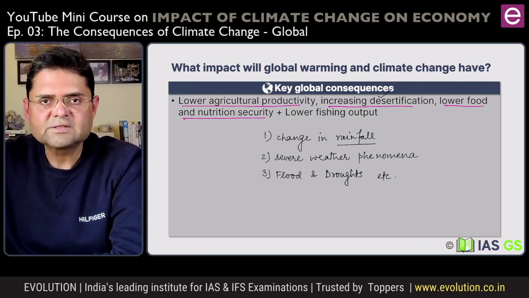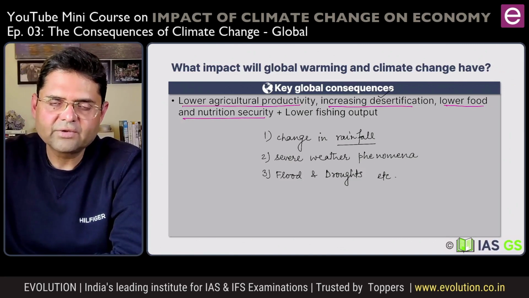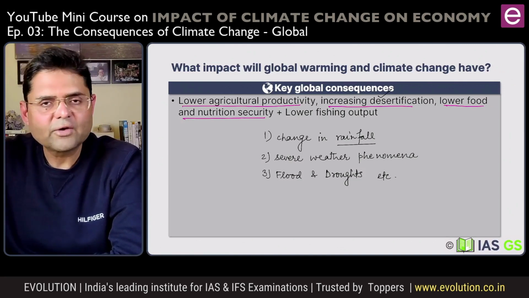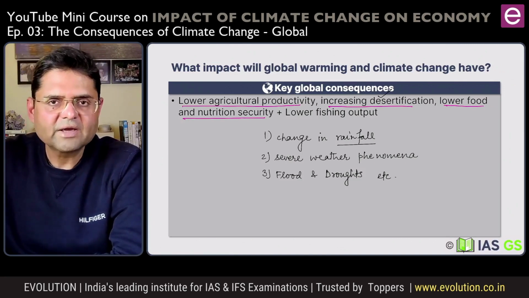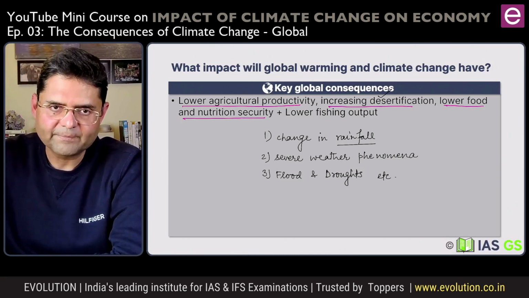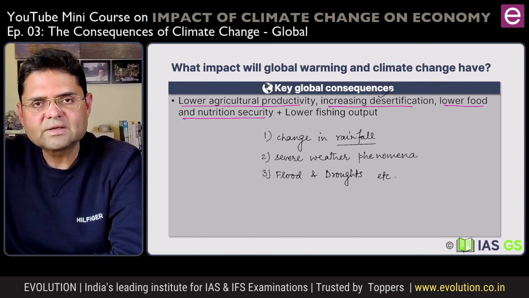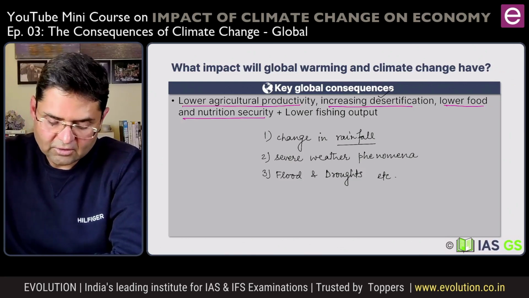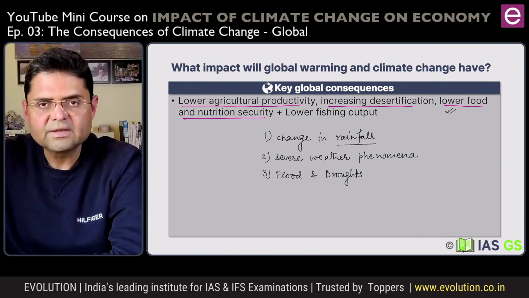Desertification is again increasing despite our best effort under the UN Convention on Combating Desertification. Countries have taken a lot of steps, but because of climatic changes, desertification is actually increasing. It is not decreasing. And when the farm sector gets impacted, there will be lower food and nutrition security.